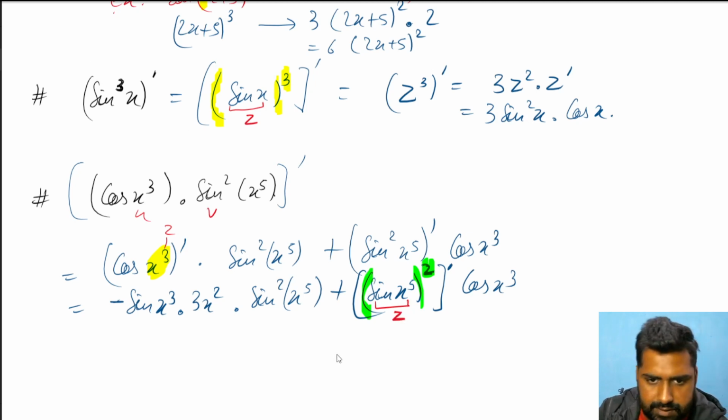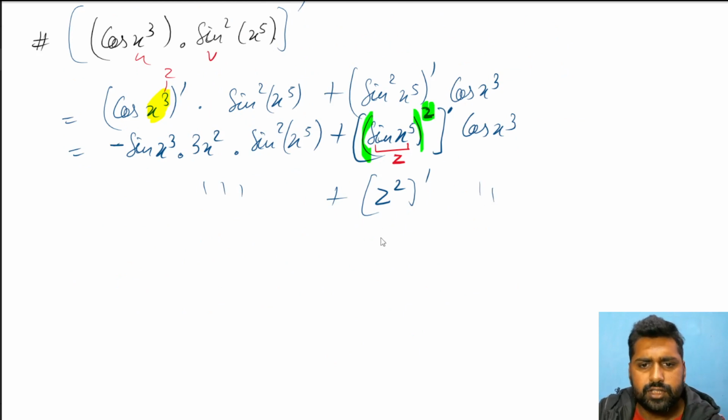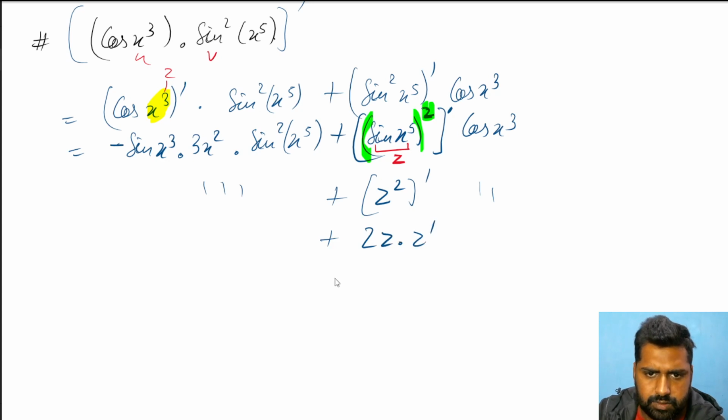So this looks like z square differentiation. Copy everything else. The differentiation of z square is 2z into z dash. That means 2 into, what was my z? Sine x raised to power 5.